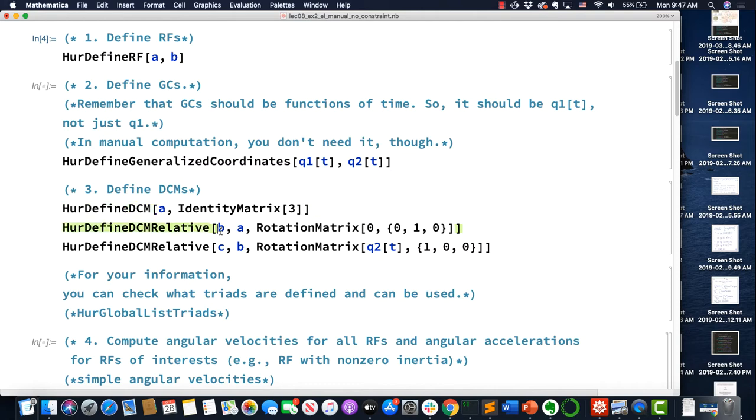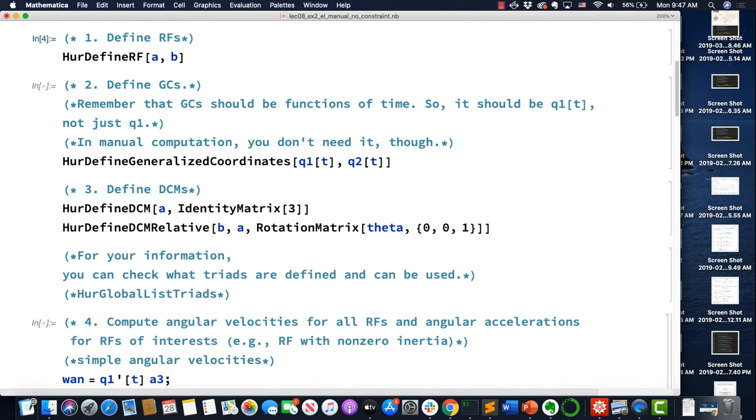And the second one is relative, but you don't even need to have the relative command in here because they are anyway the same. Now it's about the rotation about z-axis. The angle is theta, so let me just put theta in here. Okay. Any questions?